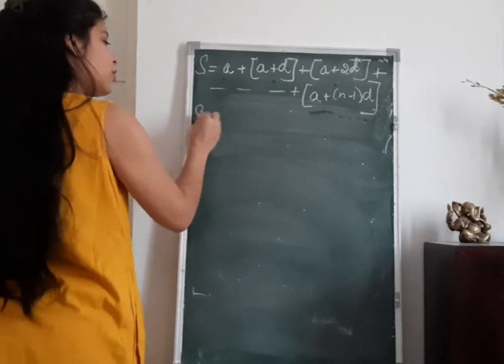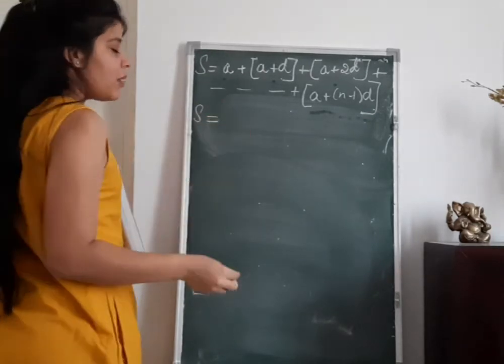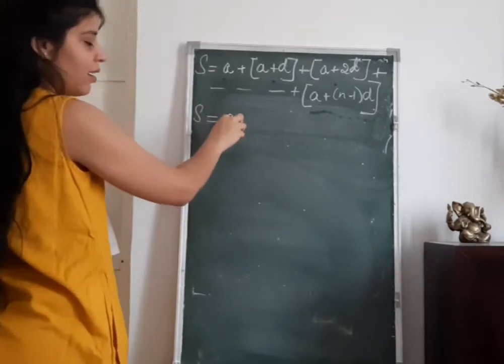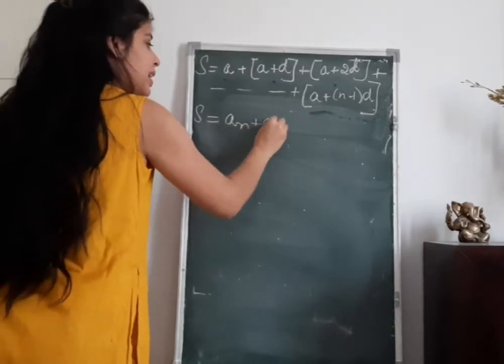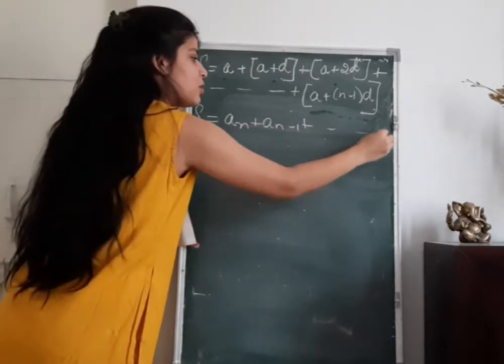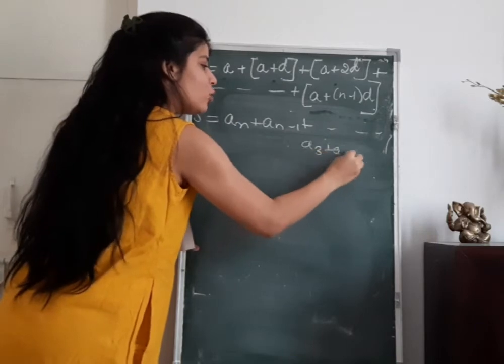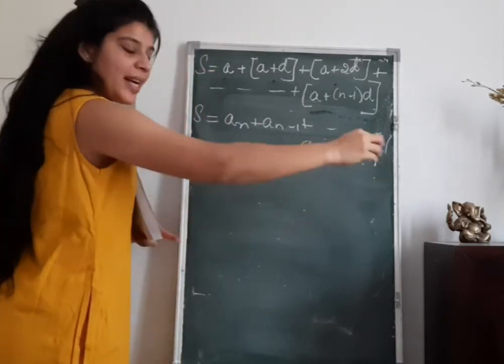Right? So let me write this in reverse order. In reverse order, S will be equal to An plus An minus 1 plus so on plus A3 plus A2 plus A1. Let me write the values.